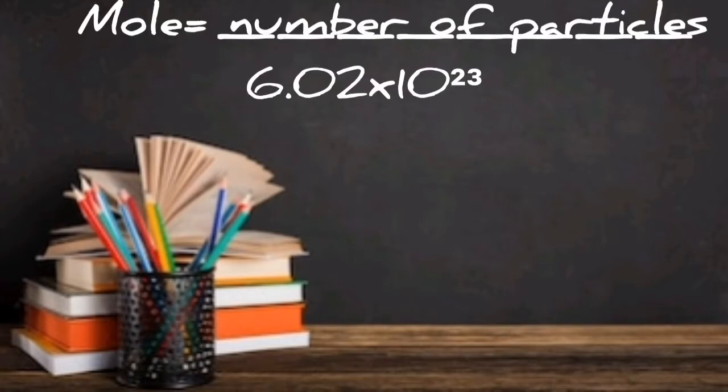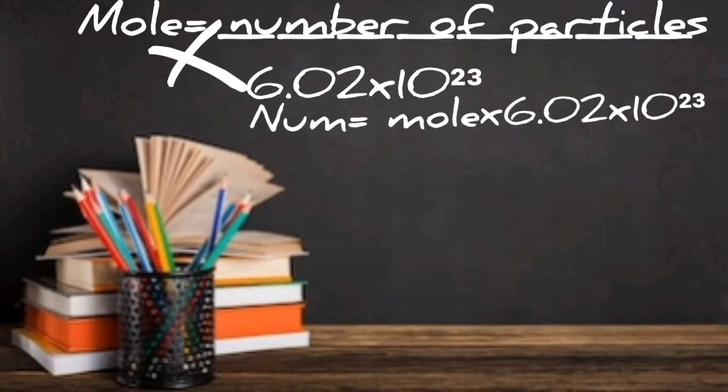is equal to number of particles divided by the Avogadro's number, which is 6.02 times 10 raised to the power 23. So to make the number of particles the subject of the formula, we cross multiply and we get number of particles is equal to mole times 6.02 times 10 raised to the power 23.